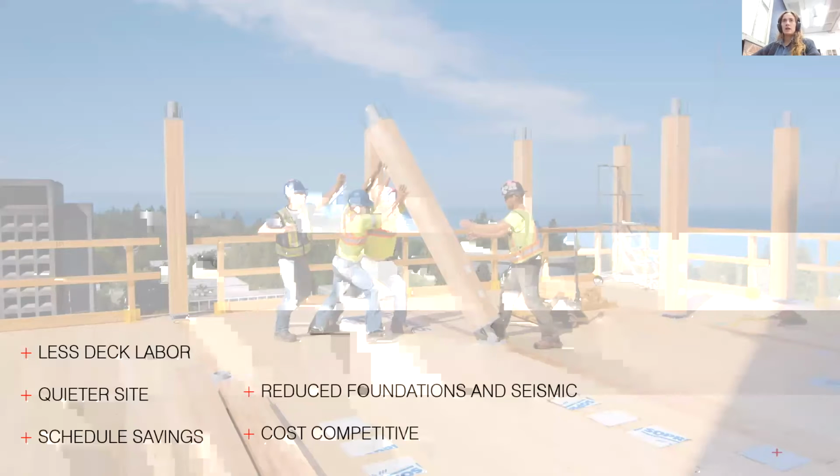The members are lighter and easier to manipulate, so you have less people on site potentially. Here you can see a few construction workers lifting a column into place. That would be much less likely for a steel column that would weigh significantly more. Less people on site, less machinery means you have a quieter site.